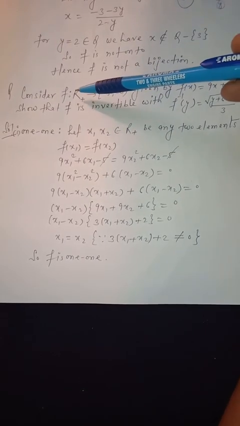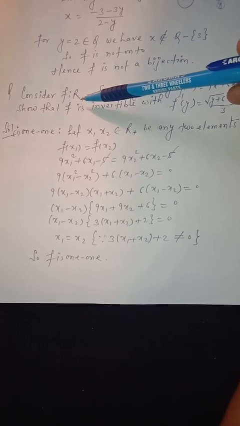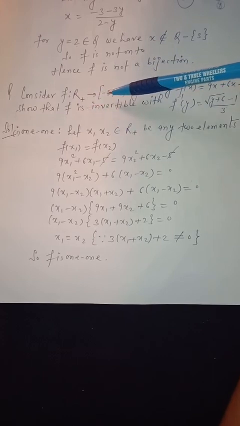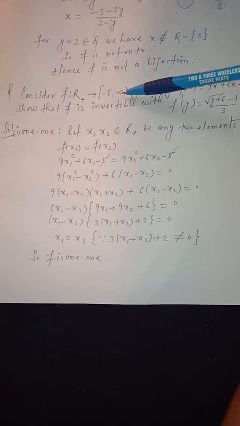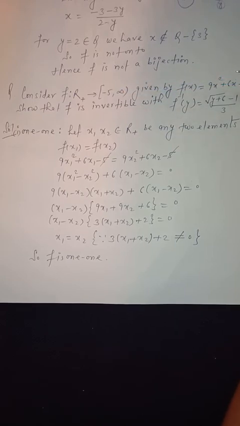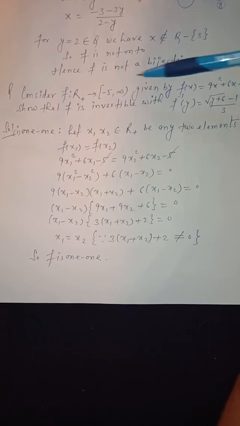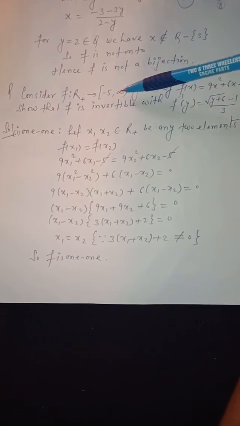This function is defined for all positive real values, and this set B is from -5 to infinity, and this function is given by 9x² + 6x - 5. This is a polynomial function, but it is given that we can put only positive real values in place of x, and the y which we will get will be from -5 to infinity.